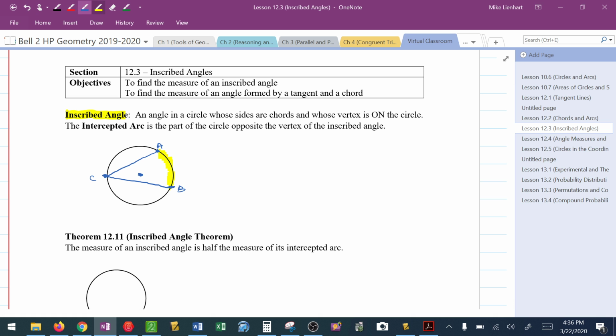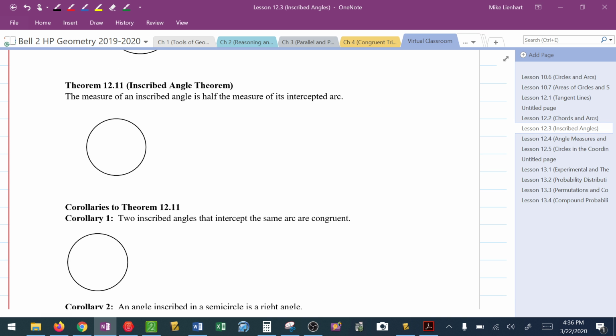So we have this theorem that's called the inscribed angle theorem. And it says the measure of an inscribed angle is equal to half the measure of its intercepted arc. All right, so let's copy this down. We've got arc AB here as an example. Let's put point C over there, and we have this inscribed angle ACB.